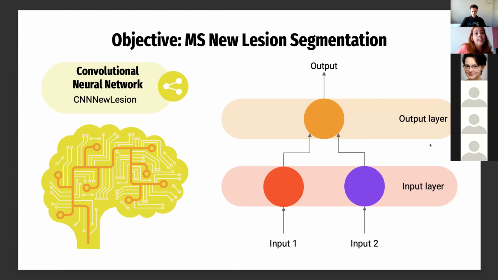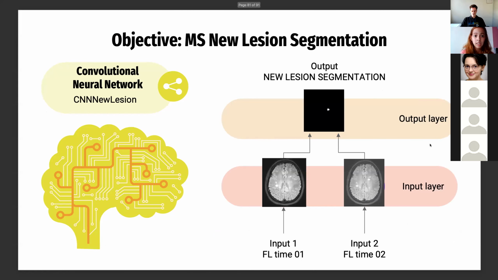So, the objective of the challenge is to segment new lesions of multiple sclerosis in MRI. In order to do this, we utilize the technique of machine learning via convolutional neural networks. Our method is called CNN new lesions and takes as input 2 FLAIR sequences in different time points, and as output, it's the segmented lesions.